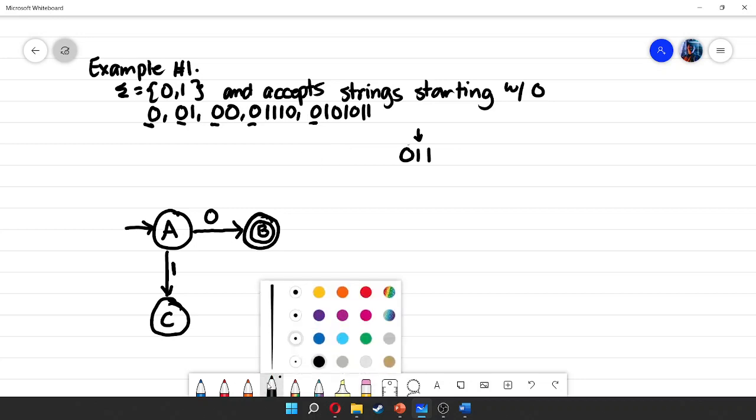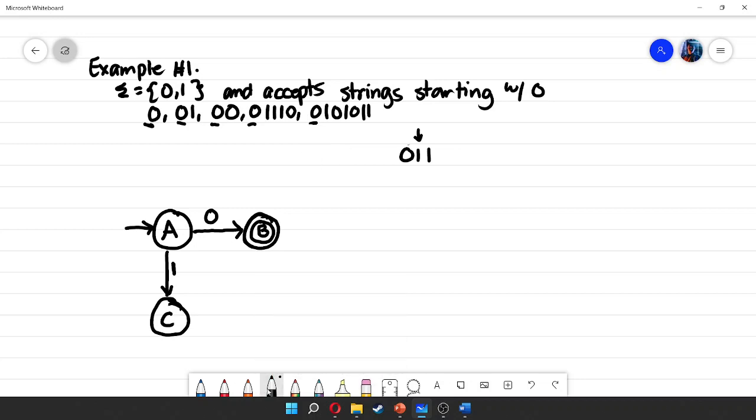Okay. So, pag-abot to sa state B, kahibalo naman ta, di ba, nga nag-start na sa zero ang atong string, di ba? So, pasabot, dili na ta mag-care kung unsa na isunod nga mga characters. Dili na ta mag-care if ang second character kay zero. Dili na ta mag-care if ang second character kay 1. Because, again, nag-start ang string sa symbol nga zero.